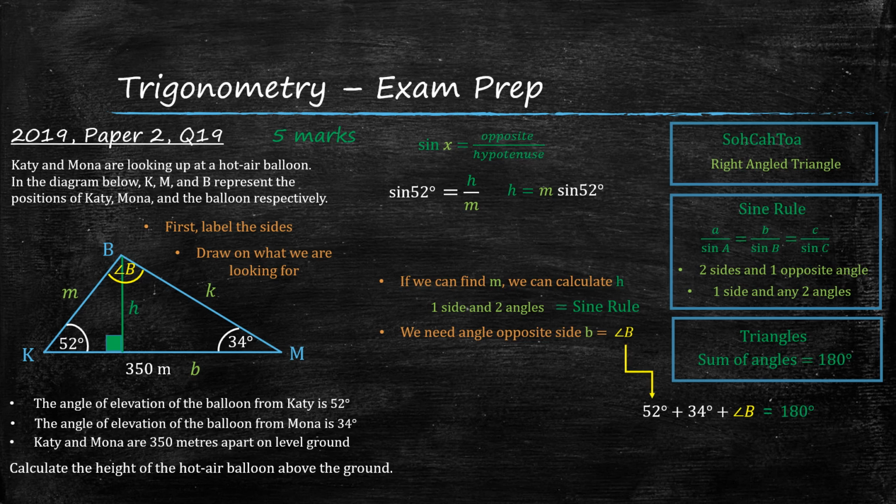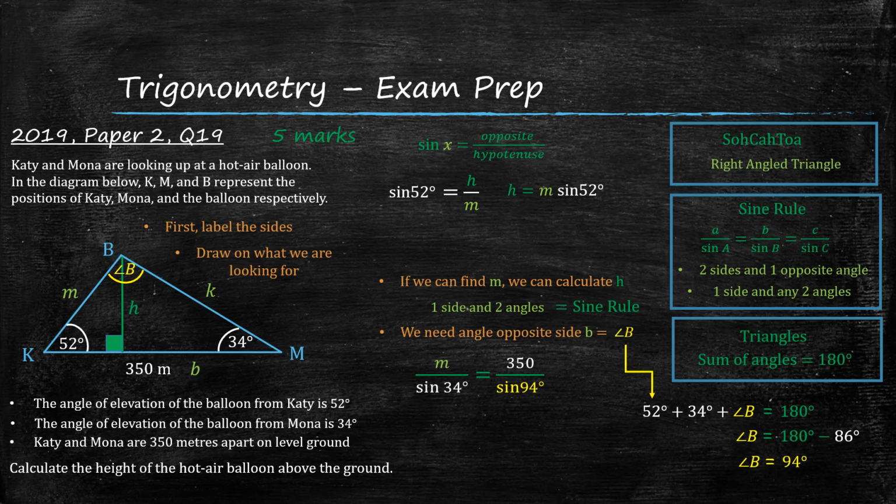So angle B, to work that out, we know that 52 degrees plus 34 degrees plus angle B will equal 180 degrees. That means angle B is equal to 180 degrees minus 86, the sum of the other two angles. So angle B is equal to 94 degrees. Now that we have angle B, we can use our sine rule.